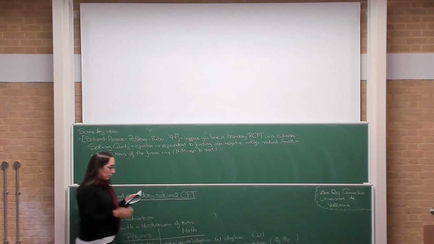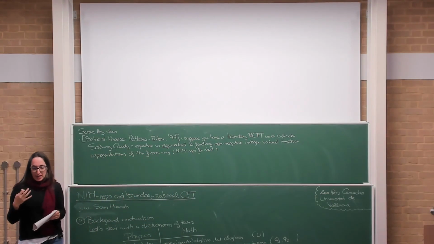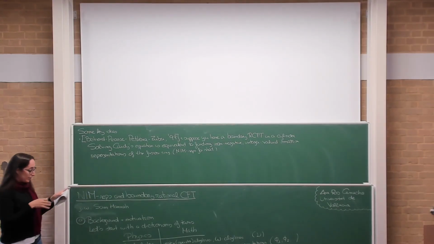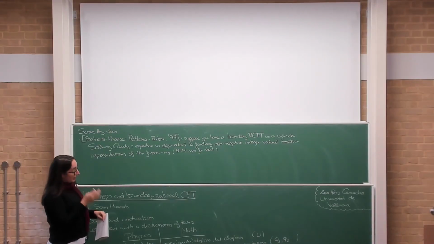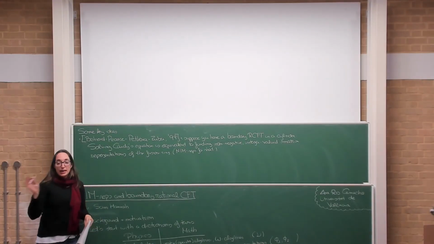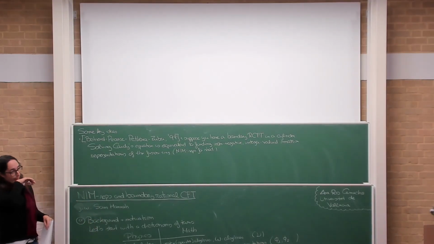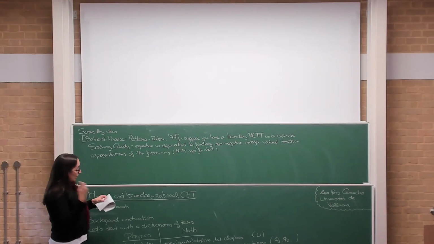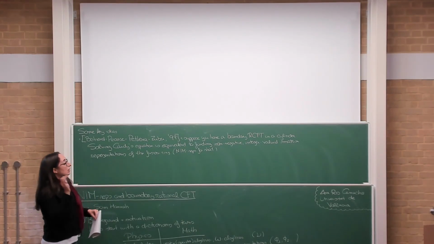And actually, NIM-reps have been studied in a number of cases. In this same paper, they analyzed the case of SL(N) at level 1. Later, Evans and Gannon found the NIM-reps for SL(N) at level 2 and SO(N) at level 2.